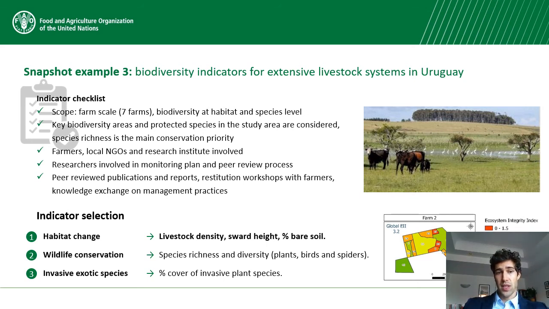Actually, among the 7 categories of indicators that I showed, only 3 were used: habitat change, wildlife conservation, and invasive exotic species. Within each of those categories, a number of indicators were selected, and those were actually combined in that example in an ecosystem integrity index that was then used by extension workers to advise farmers in their change of practices to make sure that they could also benefit biodiversity.